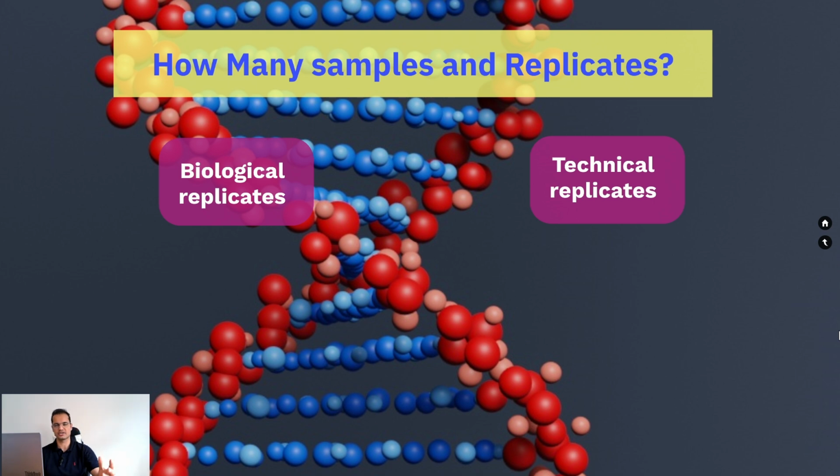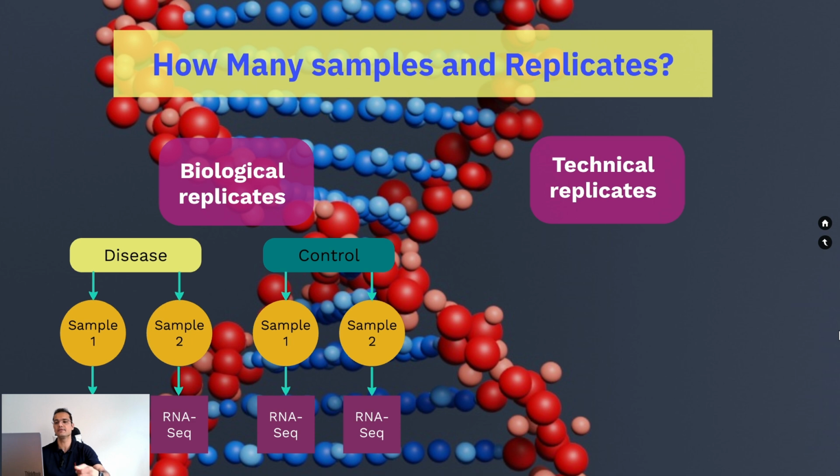Biological replicates are separate samples from different individuals or organisms at the same time. For example, if you are studying a disease, biological replicates would be samples from different patients with that disease and samples from different persons without the disease. At least 3 biological replicates per condition are generally recommended as the minimum to perform any inferential analysis.